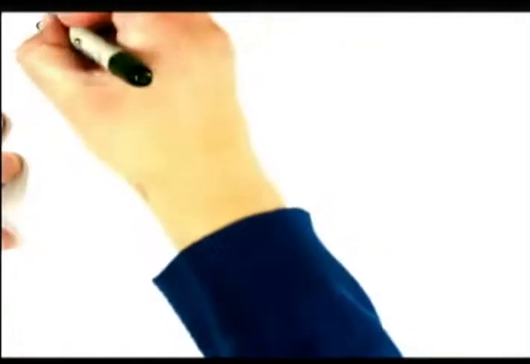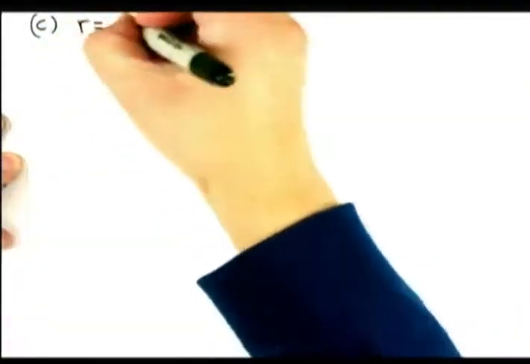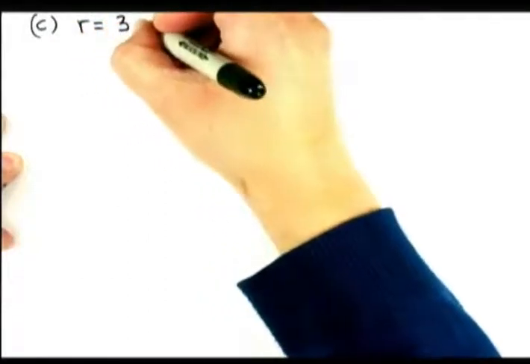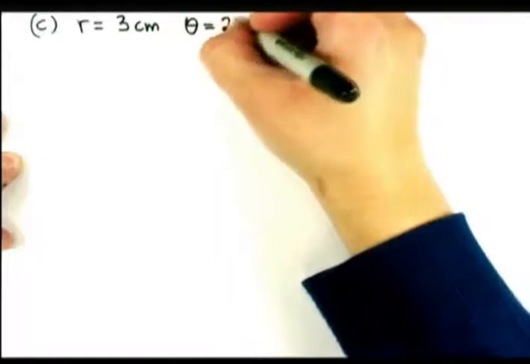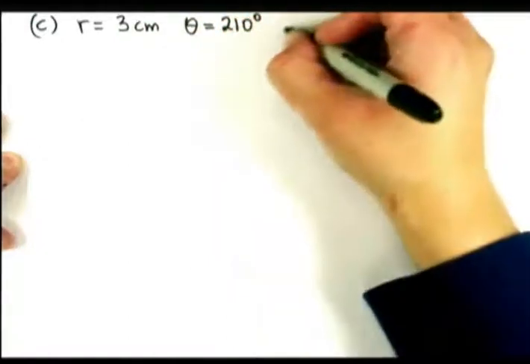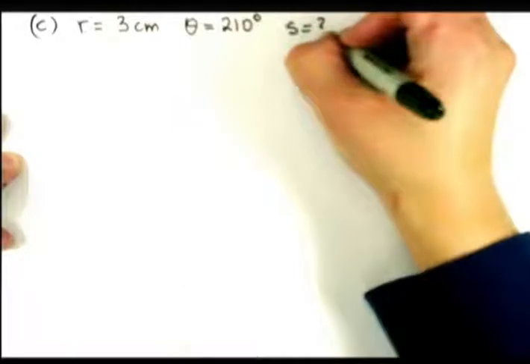Example C. We have the radius is equal to 3 centimeters. Theta is 210 degrees, and we need to find the arc length.